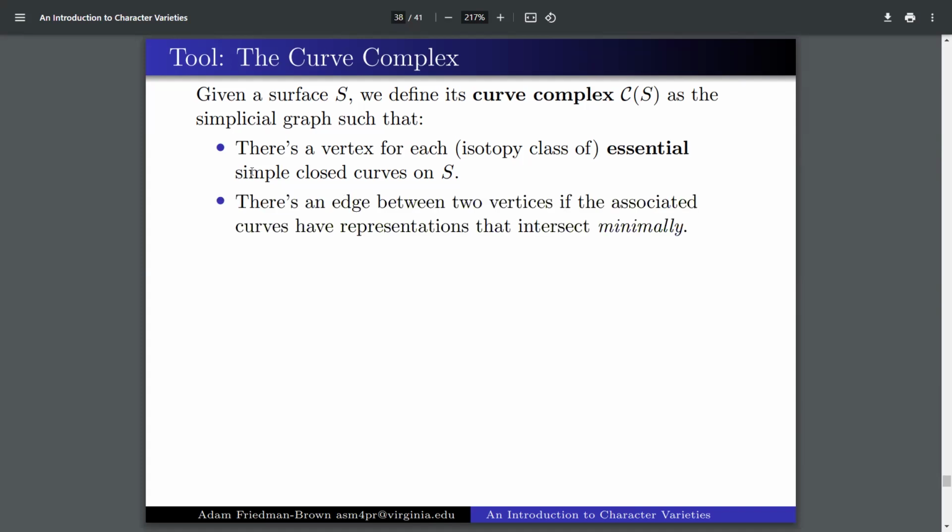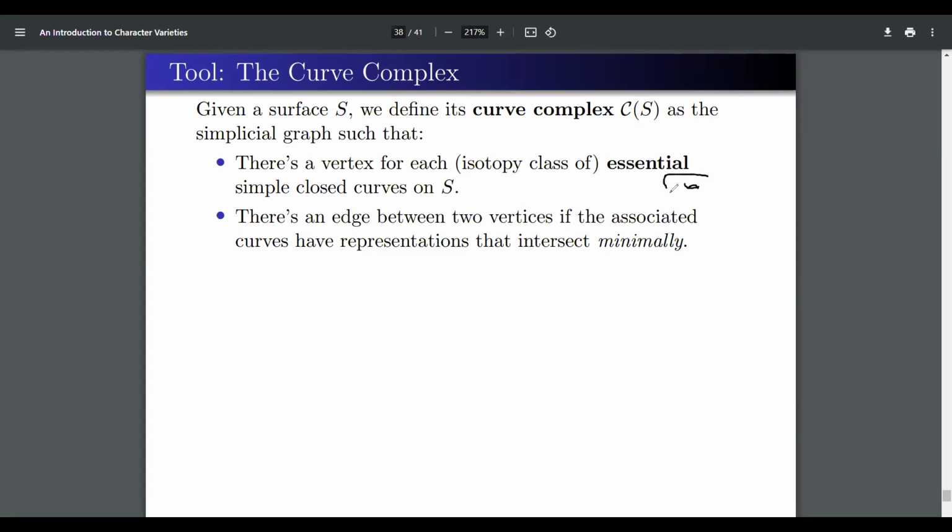And there's an edge between two vertices if the associated curves they represent have representations that intersect minimally. Usually on a surface, this is saying there's an edge between two curves that are disjoint. But there are some surfaces where this is useless because any two essential curves always intersect, no matter how you isotope them around.